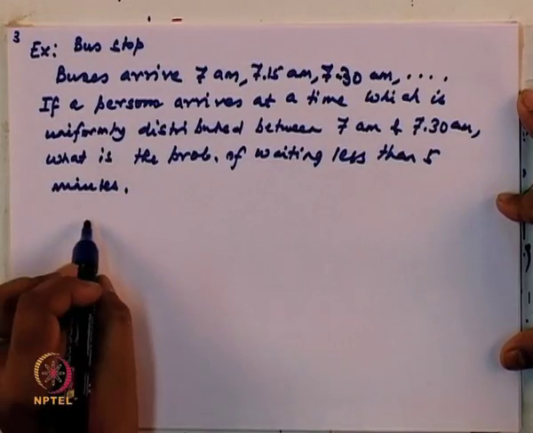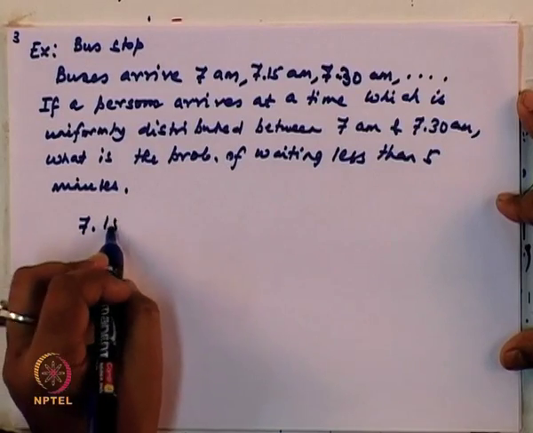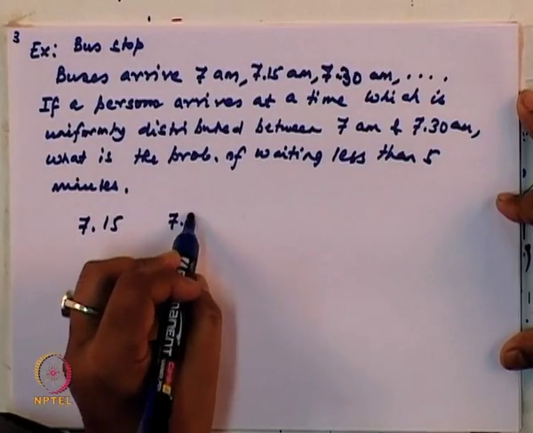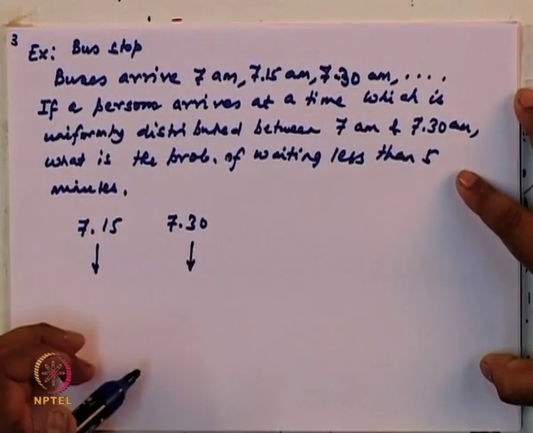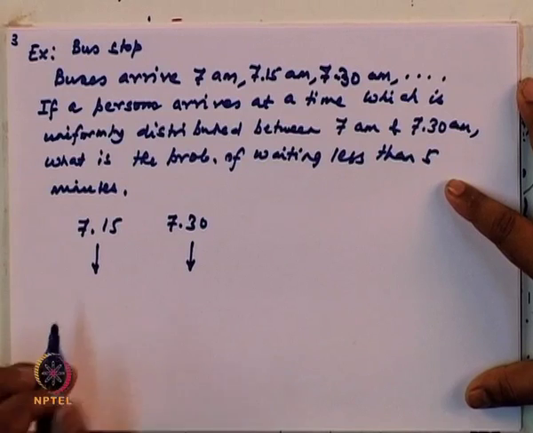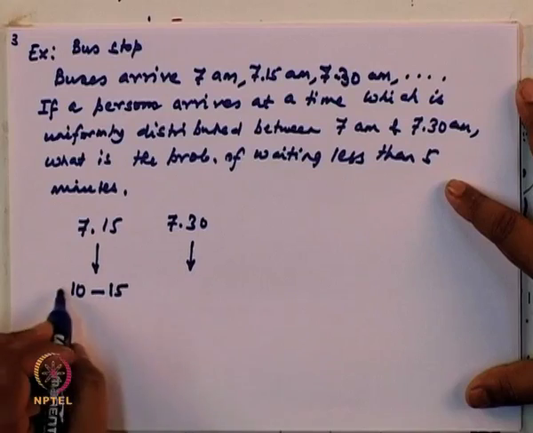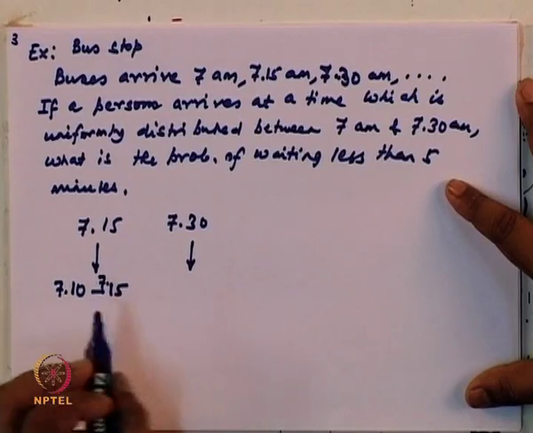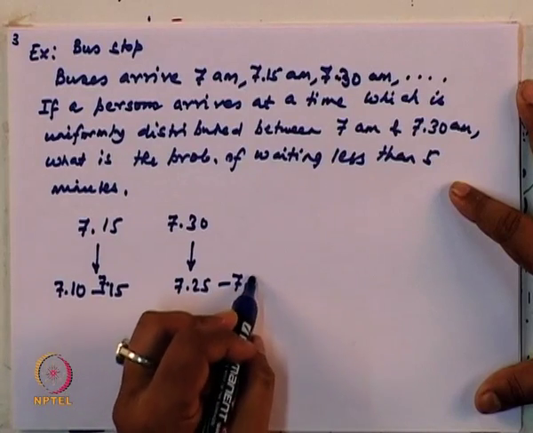Since the buses arrive at 7, 7:15, then 7:30, if he has to wait less than 5 minutes, he can arrive any time between 7:10 and 7:15, or any time between 7:25 and 7:30.